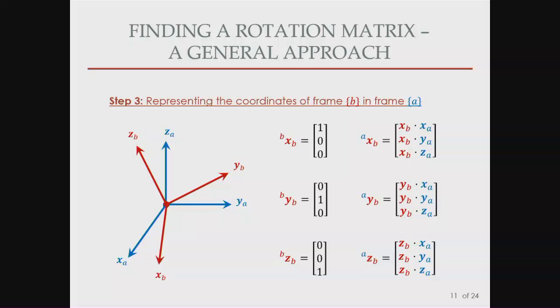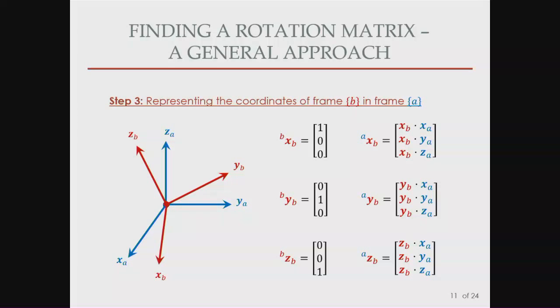Now, are you unhappy with this notation, having dot products inside vectors? I will just remind you, this is a dot product. The result of that product is a scalar, the cosine of an angle.